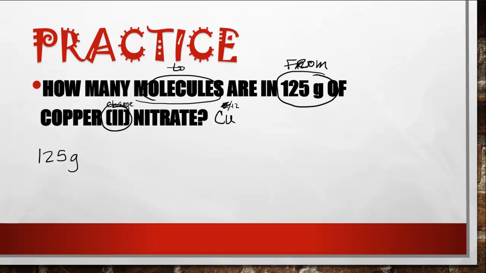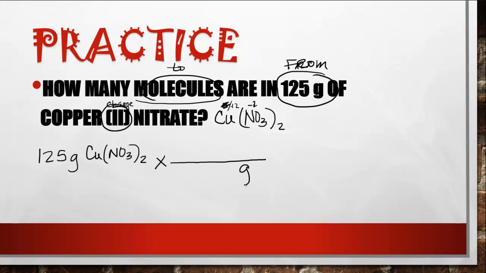So we are using copper 2. And we are going to add it to nitrate. So we look up nitrate, it's NO3, it's -1. We need this neutral, so we know in the end we need 2 NO3s to make this a -2, which will then cancel with copper. So this becomes 125 grams of Cu(NO3)2.